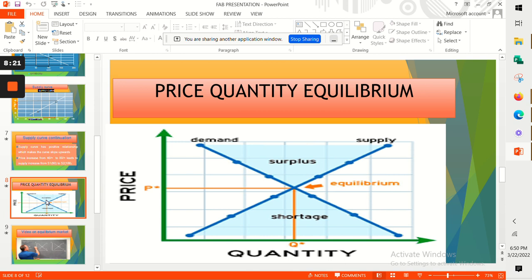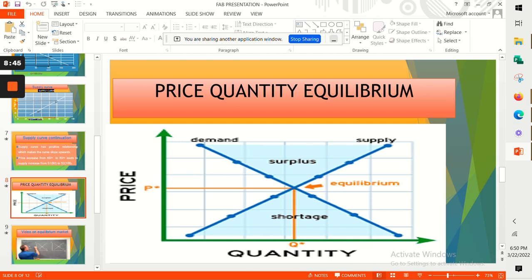Oh, all right. You see where the equilibrium point is pointing? I see a letter, that arrow for equilibrium. I'm seeing a letter P and Q. What are those? Q is the quantity supplied or demanded in the market. Always on the x-axis, we have the quantity, and on the y-axis, we have the price. So P stands for price.